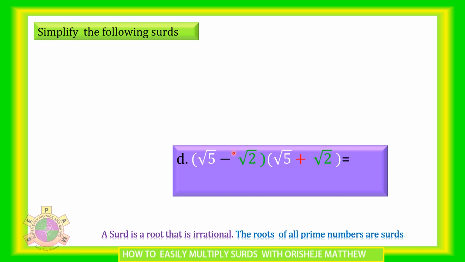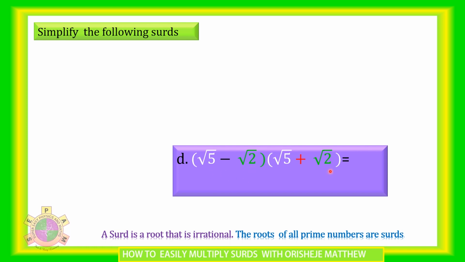So root 5 take away root 2 is the conjugate of root 5 plus root 2. If you are given root 5 plus root 2, the conjugate of this will be root 5 take away root 2.